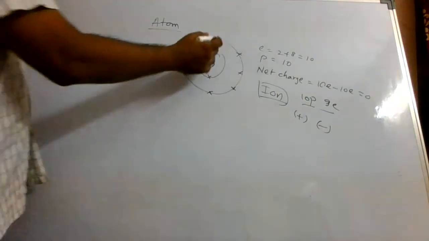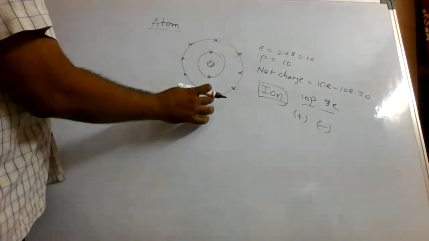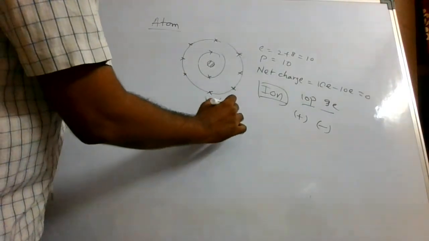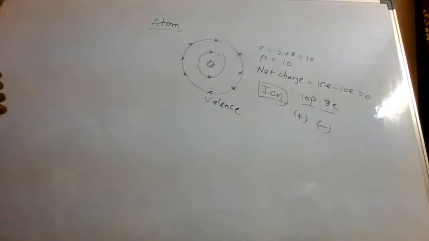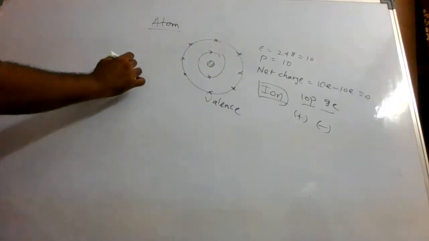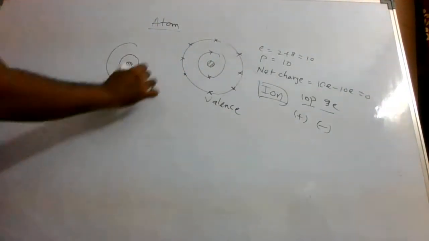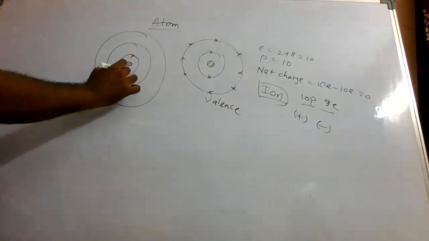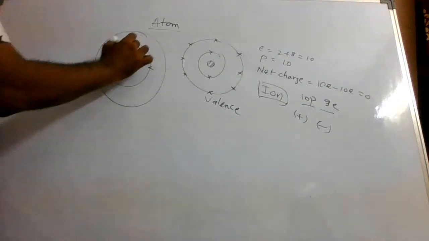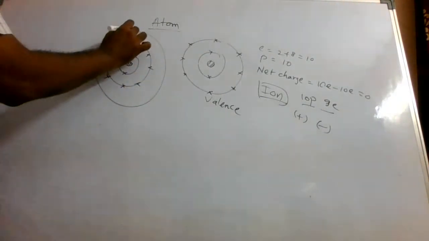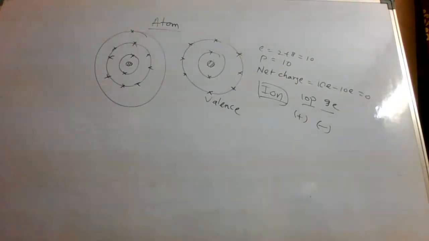So when you take this atom, the electrons in the outer shell are called valence electrons. We talked about this. So you have a configuration like this. Let us say for some other atom, the configuration is like this. So 2 here, 8 here, and only 1 in the third orbit.